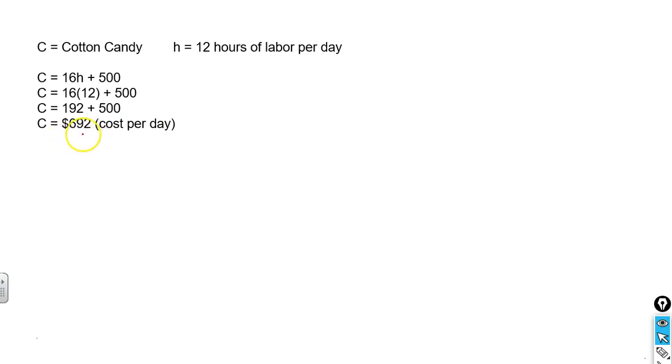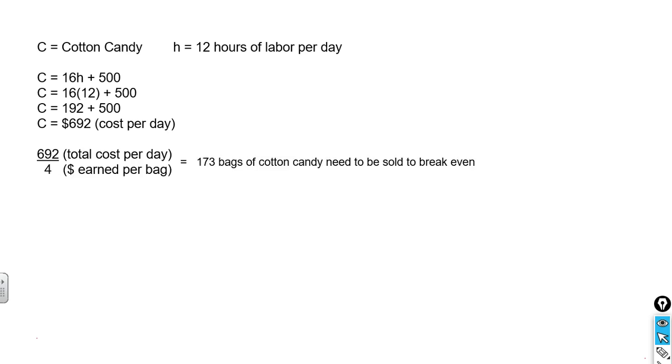Well, if that's how much it costs John to run the booth, now we need to know how many bags of cotton candy he would sell at $4 per bag so that he would break even, so that it wouldn't cost him anything to run the booth. He wouldn't make a profit, but it at least wouldn't cost him anything. So we're going to take that $692, or the total cost per day, and divide it by the $4 that he earns per bag. And when we divide that, we get 173. So he would need to sell 173 bags of cotton candy in order to break even.